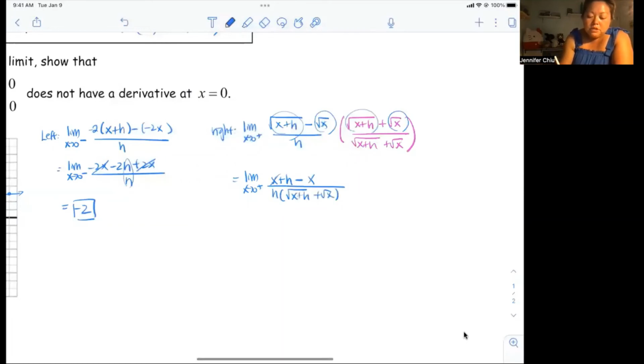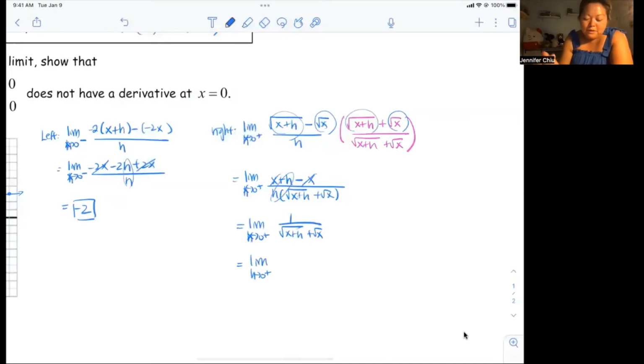All right, so these two cancel out. The h's reduce out, so you're left with the limit as h approaches 0 from the positive side of 1 over root x plus h plus root x. Okay, sorry, I keep putting x here. It's h approaching 0, so h approaching 0 from the positive side. Apologies here.